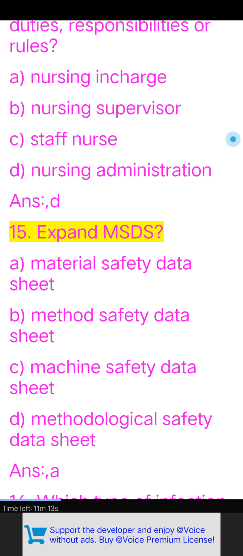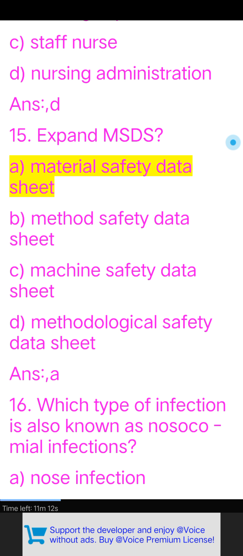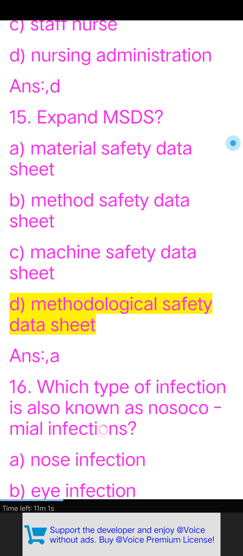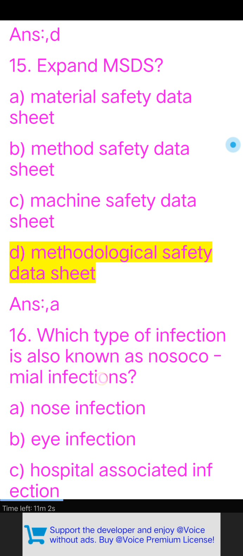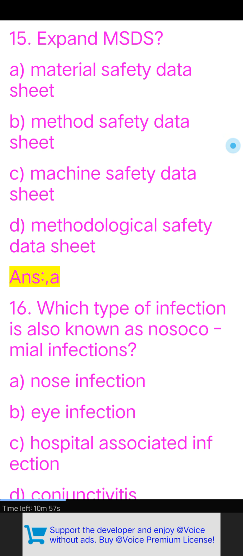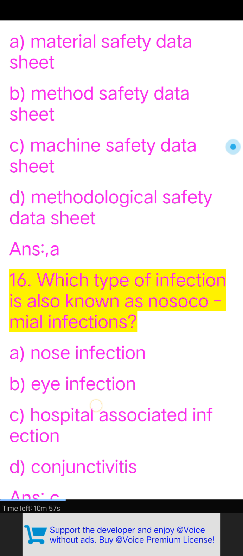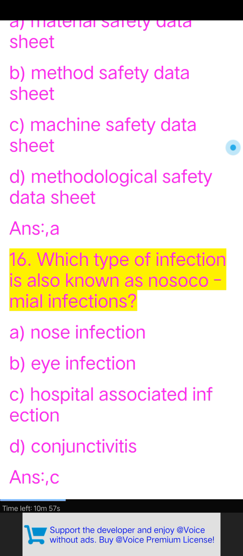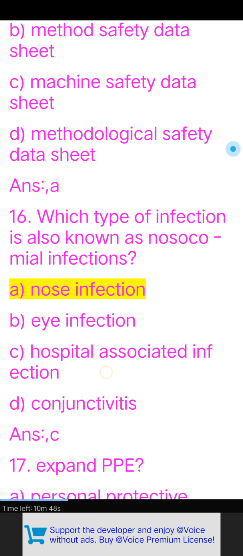15. Expand MSDS. A. Material safety data sheet. B. Method safety data sheet. C. Machine safety data sheet. D. Methodological safety data sheet. Answer. A. 16. Which type of infection is also known as nosocomial infections? A. Nose infection.